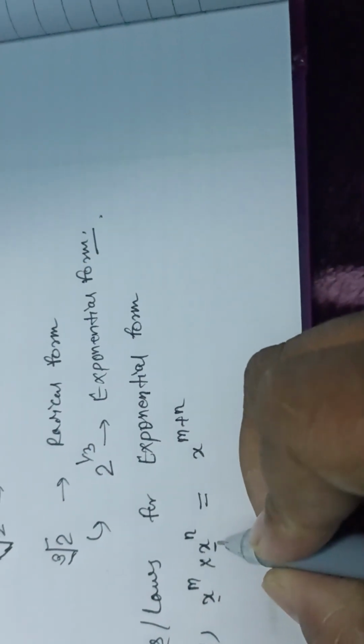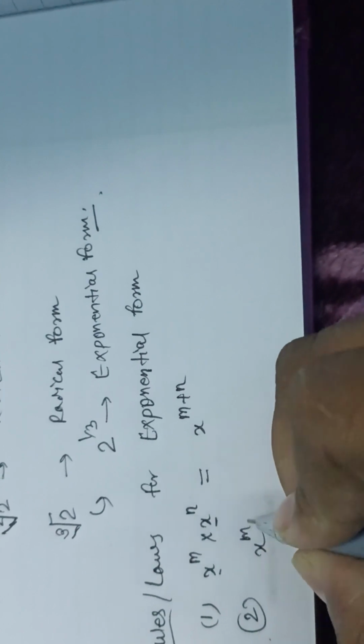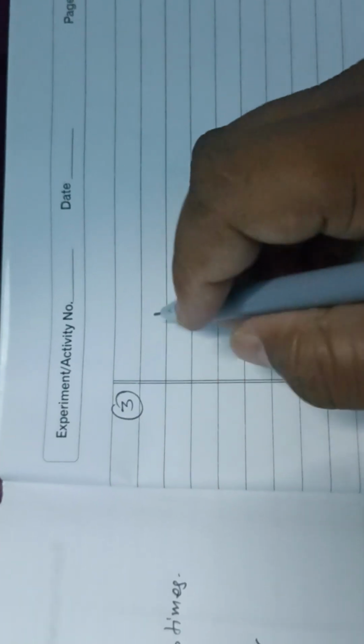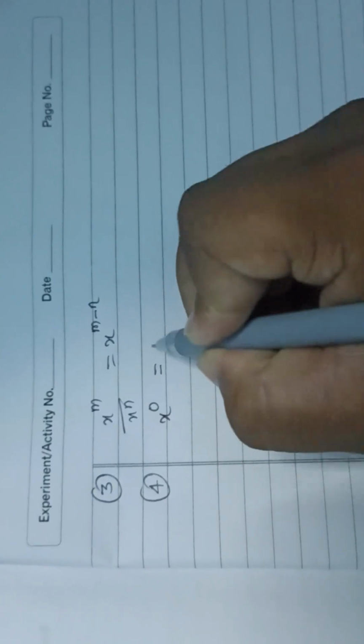X is the base and m and n are the powers. Second, if x to the power m is given and whole power is n, then we multiply the powers. And third, x to the power m divided by x to the power n will be x to the power m minus n. And if you have x to the power 0, then this one is 1.